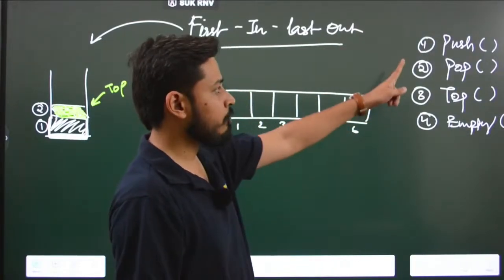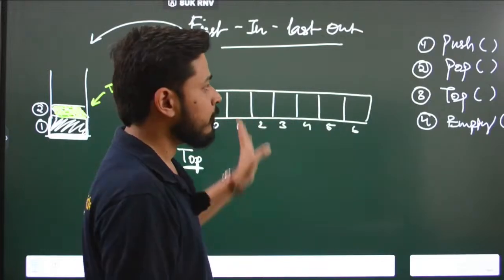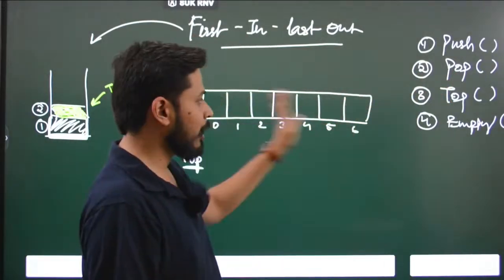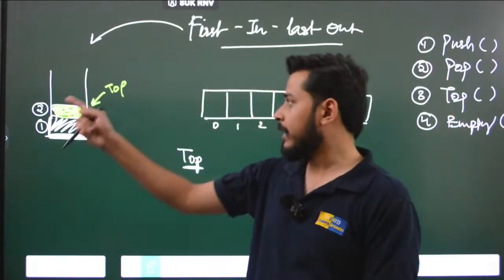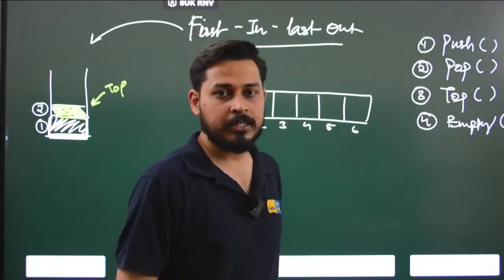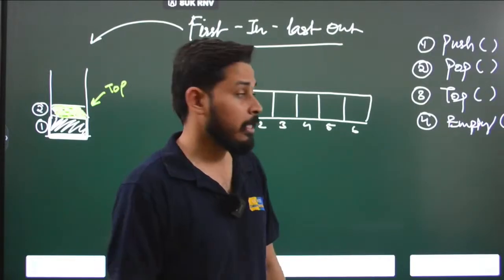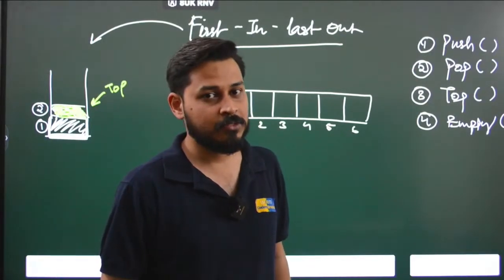Push function will allow us to add an element to the stack. Pop function will allow us to delete the element from the stack. Top function will allow us to take out the latest element inputted in the stack, and empty will tell us about the stack if it is empty or not.